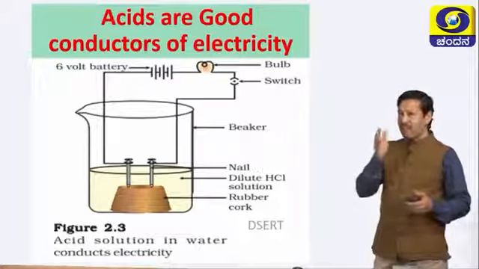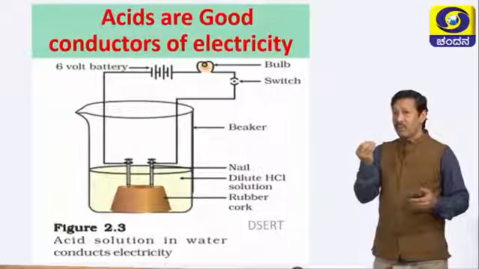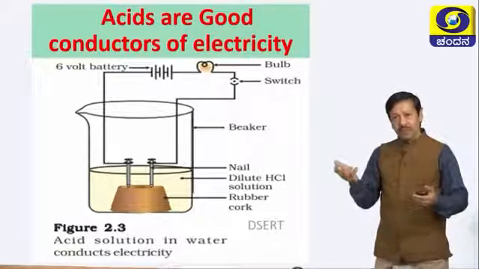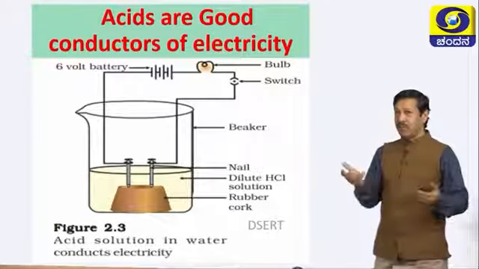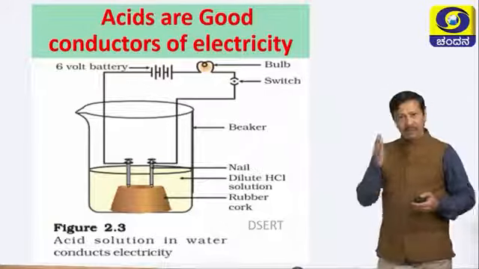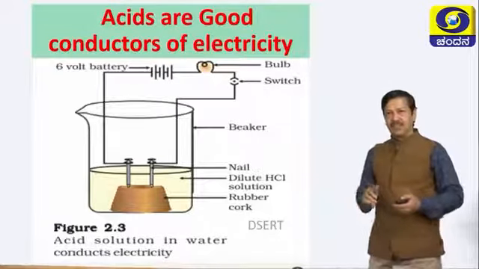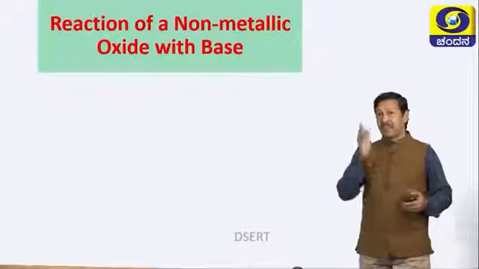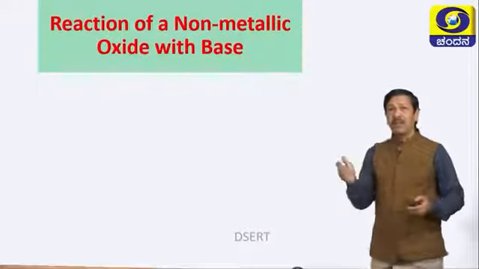HCl is a strong acid, so the bulb glows brightly; acetic acid is the weak one, so it glows faintly. So you can see the difference in the glowing. This is a very important diagram, so you have to practice. Now let us move on to the next one, that is the reaction of non-metallic oxides with a base.